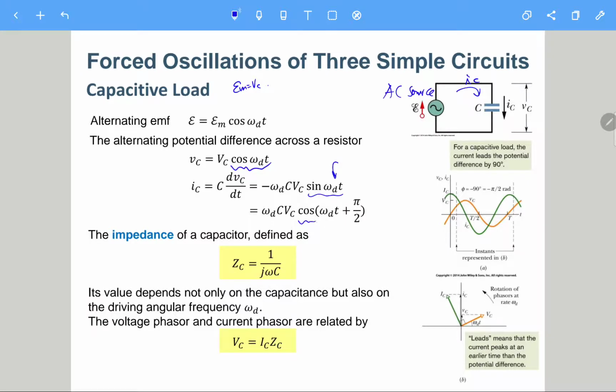Then we still have cosine here, and as we have a minus sign with this sine, it becomes cosine omega_d t plus pi over 2, because this is a minus sine omega_d t. And it makes this term positive.